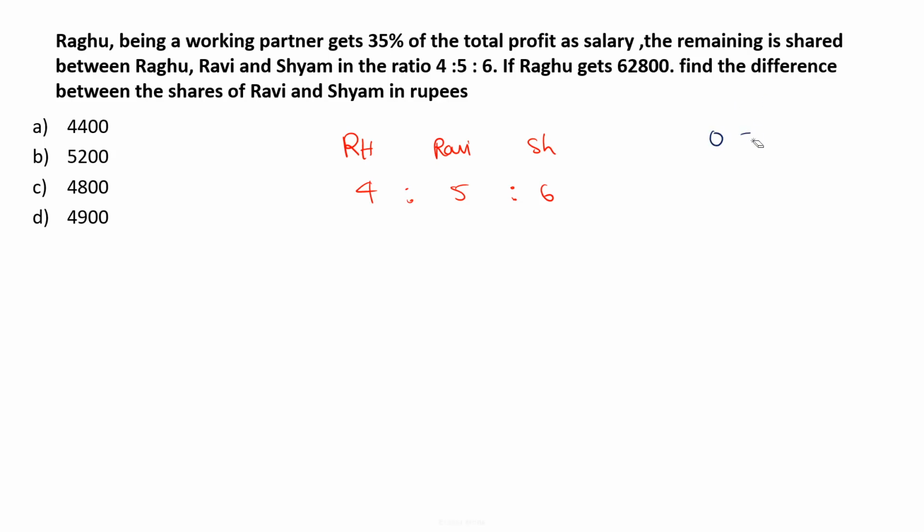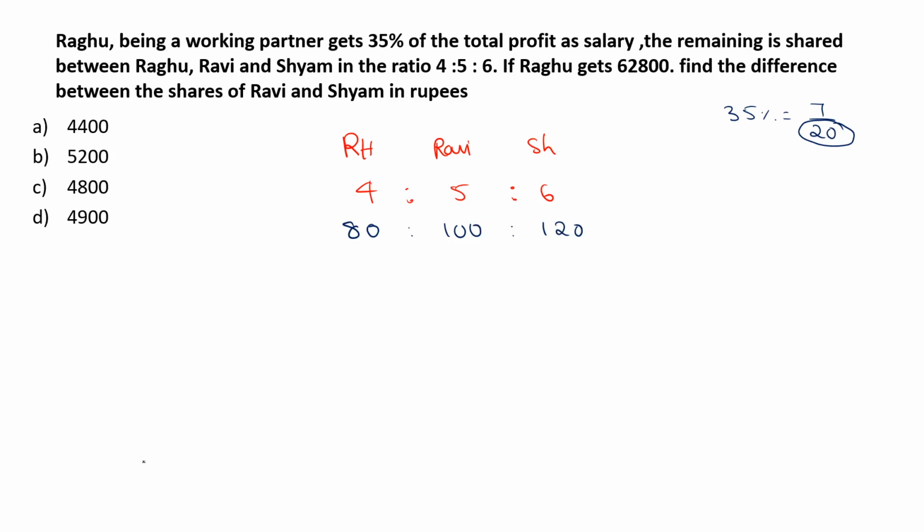Or if you are not comfortable taking the 35% of 4, 5 and 6, just write the 35% as 7/20. Now, if we get the value of 20 in the values, then you can get the required percentage very easily. So just multiply those values by 20, then the values would be 80, 100 and 120.